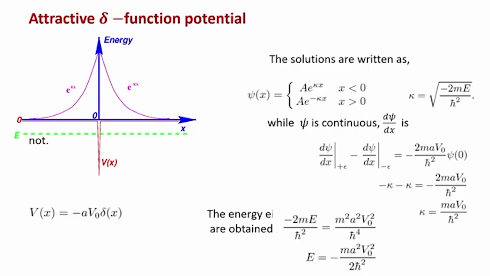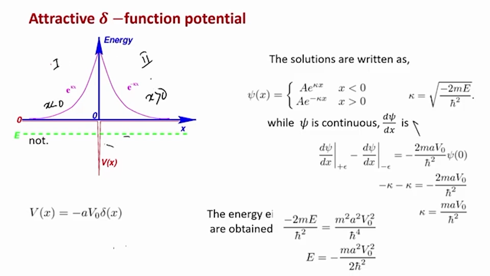Now, what it is saying is the following: the solutions of this problem are written for region 1 and region 2. Region 1 is x less than 0, and region 2 is x greater than 0.